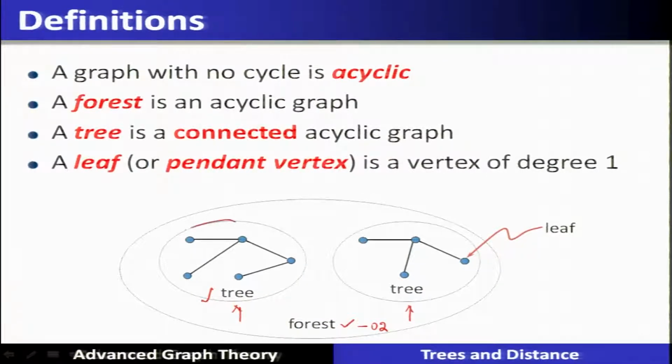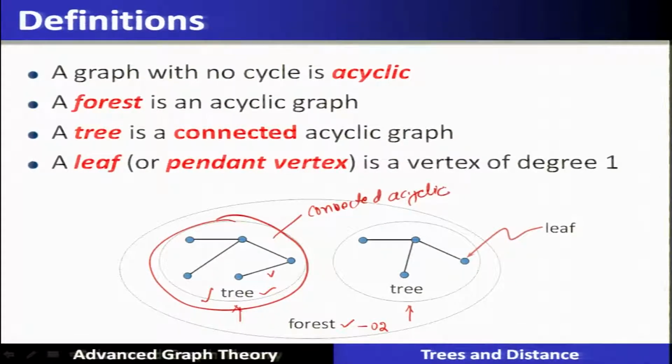In this particular component, which is a tree, you can see that it is connected, that means all the nodes are connected via an edge, and there is no cycle also.